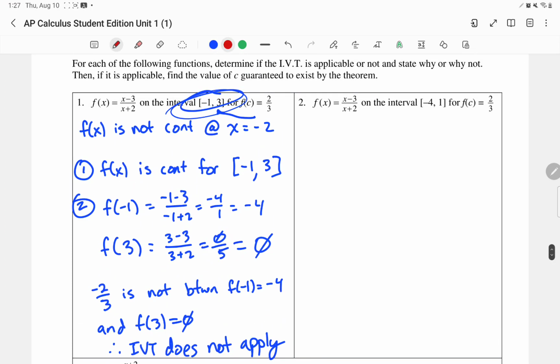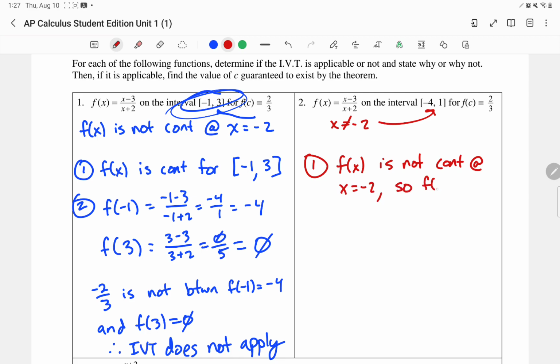All right, for our second one, we still have the same graph, so we still know that x can't be equal to -2. Now this time -2 is between -4 and 1. So we're just going to stop at the first rule. We're going to say f of x is not continuous at x equals -2.